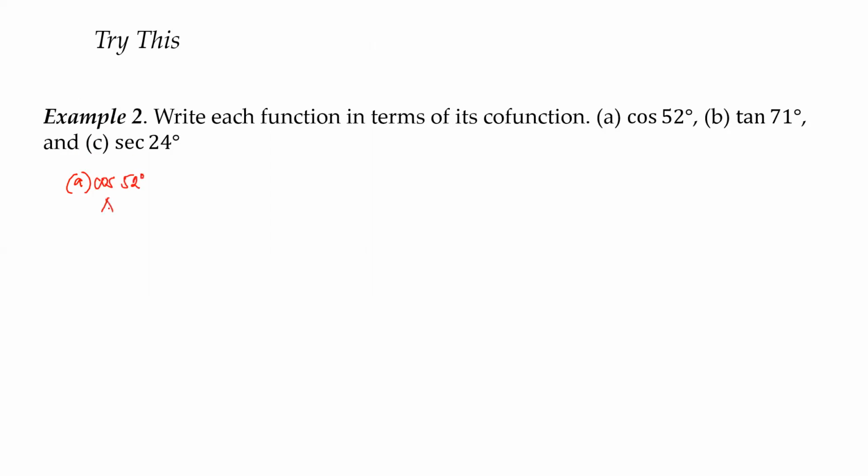If A is equal to 52 degrees, cosine A is equal to sine of 90 minus A. So cosine 52 degrees is equal to sine of 90 minus 52 degrees, and that is 38.